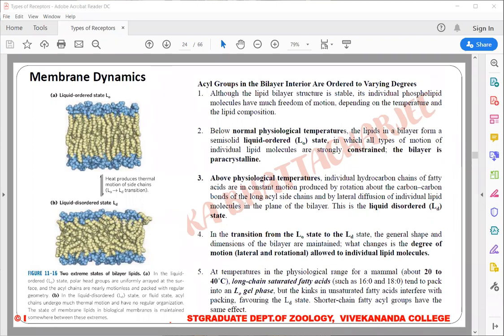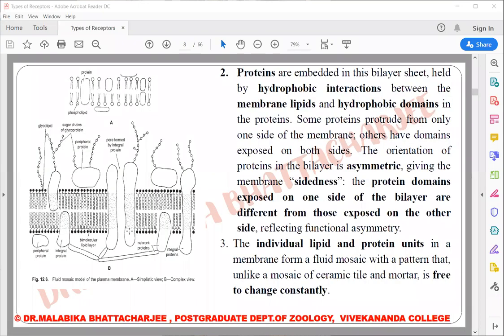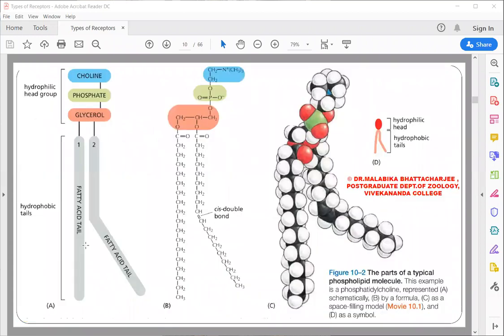Now what happens in case of unsaturated fatty acids? Let me show you the picture. Yeah, this one. So this is a structure for unsaturated fatty acids, and you can see that where there is a double bond, there is a kink, which means a fold.